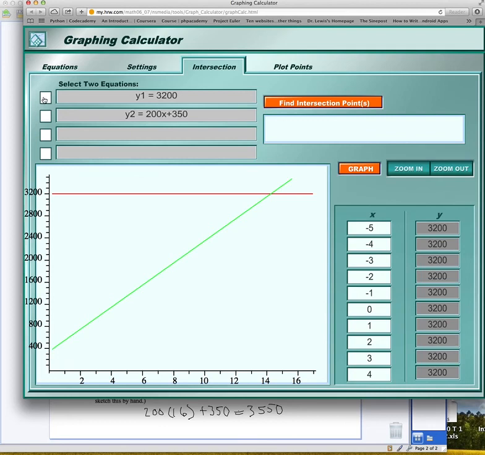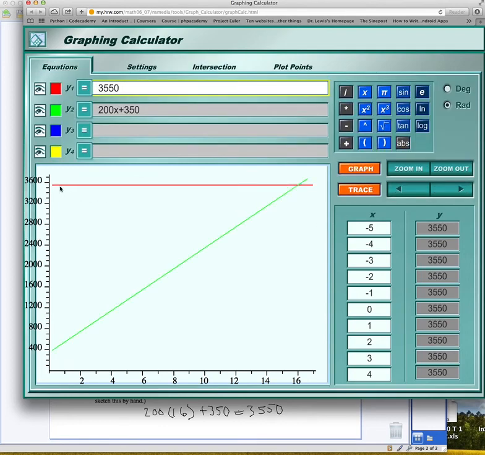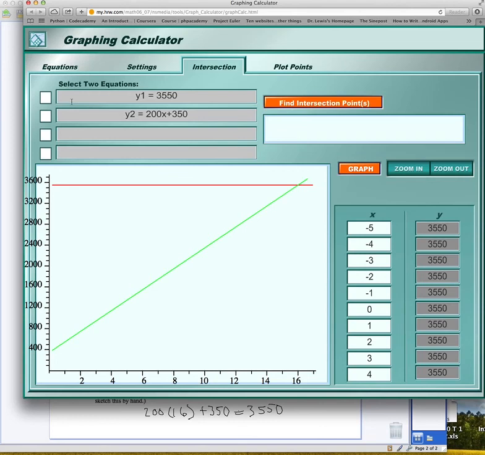Let's go to graph, and you'll see that it's up here now, and it intersects right here at 16, and I can even go to intersection, select the two, and find intersections. And you'll see that it's 3,500, well, it should be 3,550. It's a little glitch in the deal there.